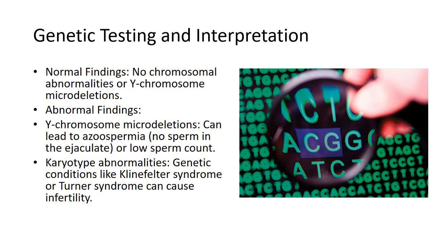Y chromosome microdeletions: genetic mutations on the Y chromosome can lead to azoospermia, absence of sperm in the semen, or oligospermia. Karyotype abnormalities: chromosomal abnormalities such as Klinefelter syndrome, XXY, can result in low sperm count or infertility.